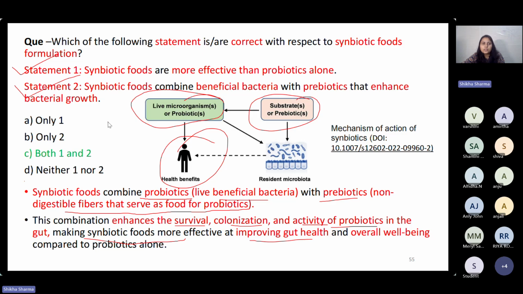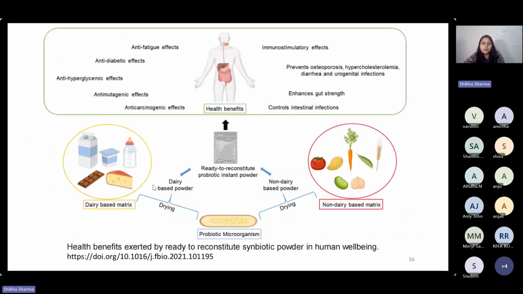So both are correct. The probiotic food or the probiotic microorganisms can be both dairy based matrix and non-dairy based matrix, and it can be put for human health.